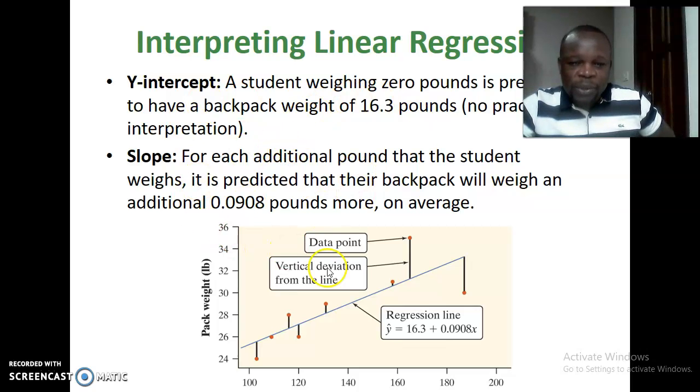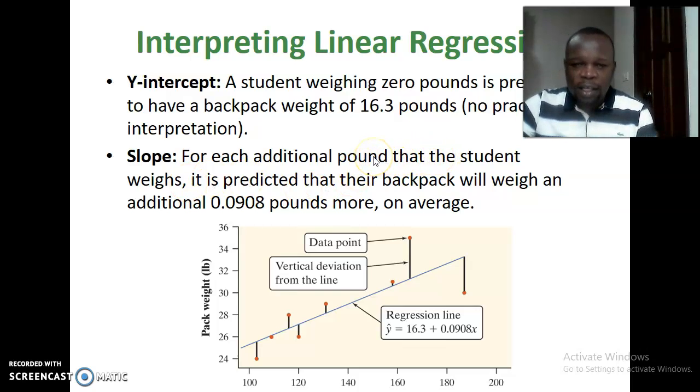What about the slope? Looking at this, you can see that the slope of that regression line is positive. So when describing the slope, just think about the wording the way it's here. For each additional pound, and we're talking about each addition on the x-axis, although this depends on the context, so it will not always be pounds.